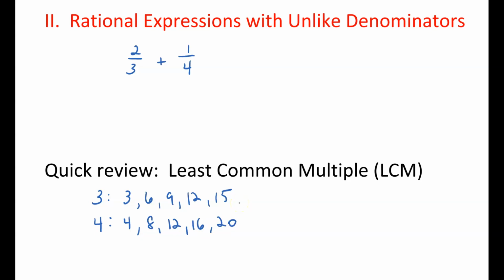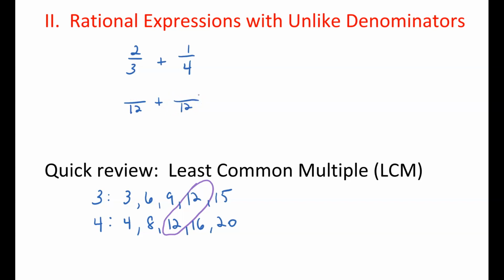But again, we want the smallest of the common multiples. So what's the smallest? 12. Okay, so we know that 12 is going to be the least common multiple. So I'll put a 12 down here and a 12 down here.